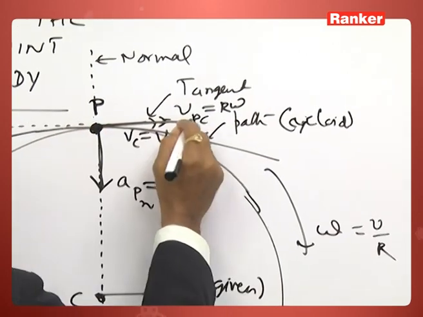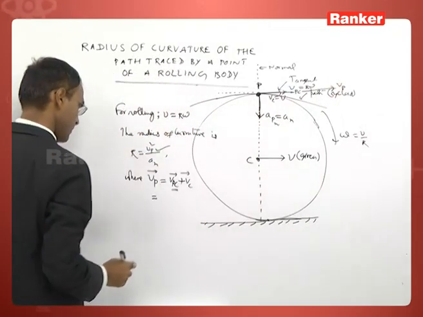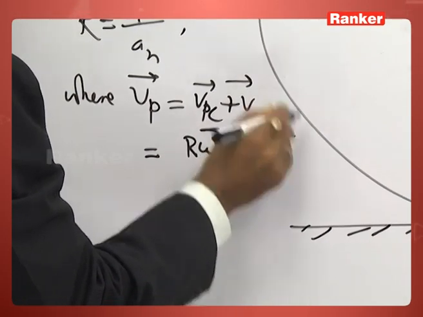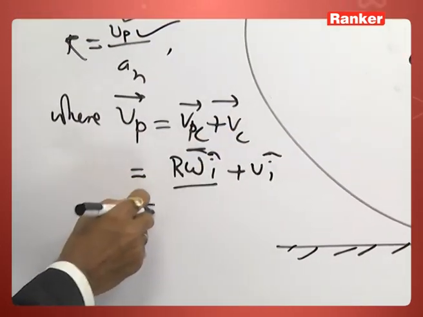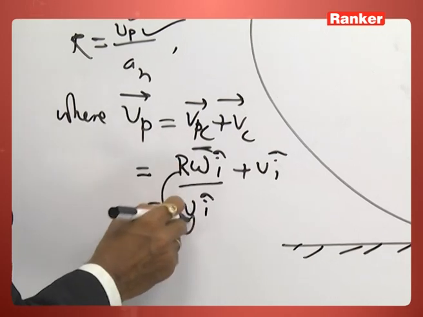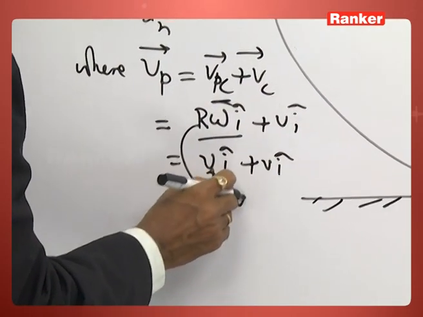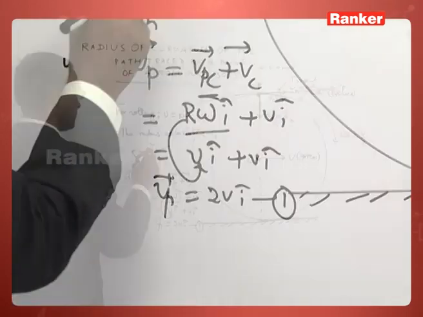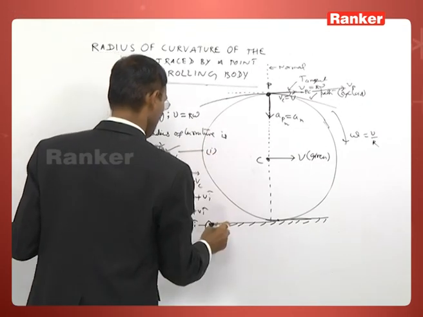If you add these two, you are getting the velocity of point P. This is r omega i cap plus v i cap, where r omega is equal to how much? v for pure rolling. So I can write r omega as v, plus v. This is 2v i cap. We got the velocity of the point P. Equation number 1. This is equation number 2.